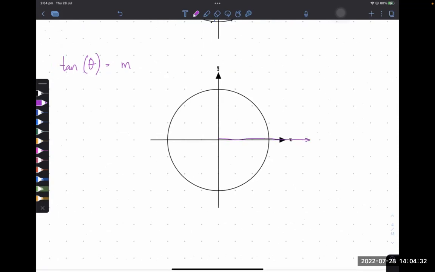If I start here and go to the edge, I'm just going to make this line a bit thicker. What is the gradient at this point? It's a flat line. What's the gradient there? 0. Okay, 0 for a flat line. What about a vertical line?